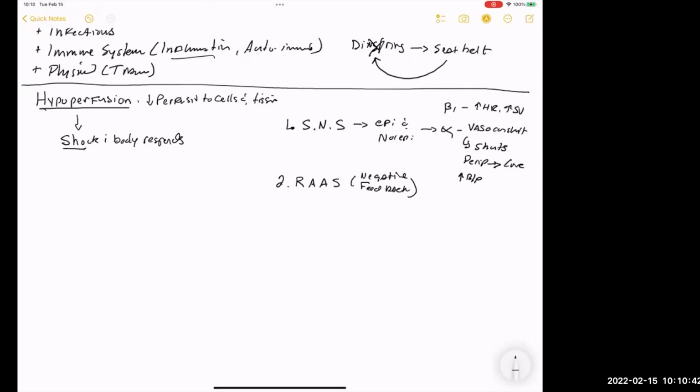Your seatbelt alarm. So the renin angiotensin aldosterone system is also activated. And this is a system that kind of starts with the kidneys. So I'll just draw a little kidney here. And what happens is when you have hypoperfusion, one of the most sensitive organs to hypoperfusion happens to be the kidneys.